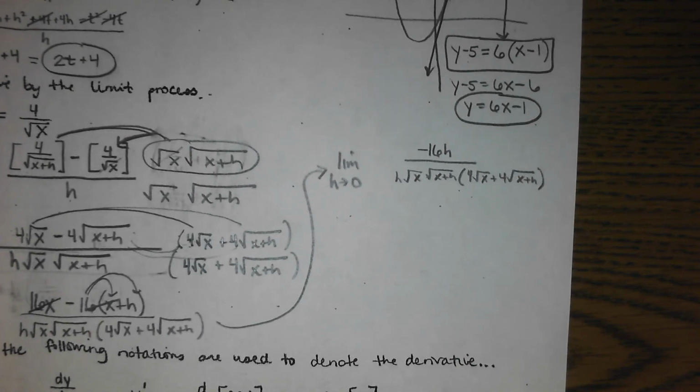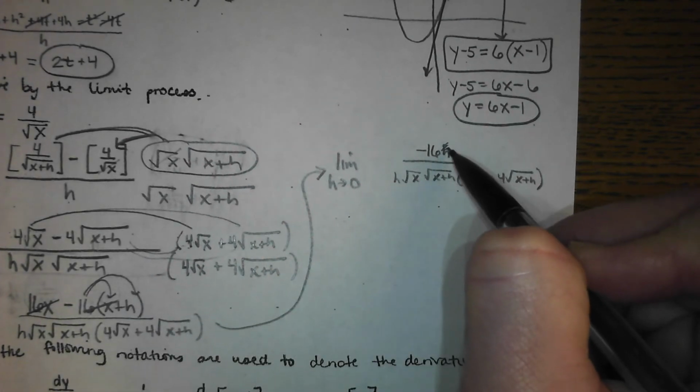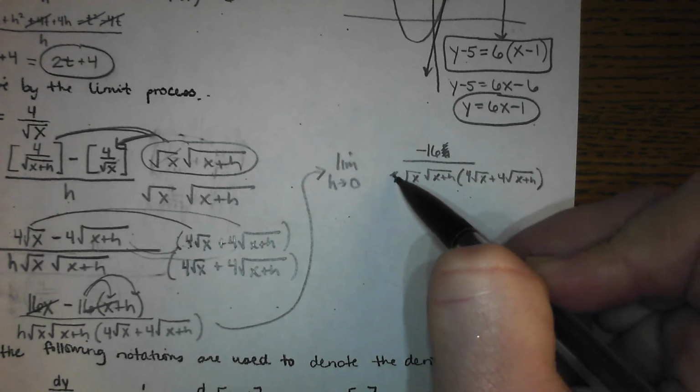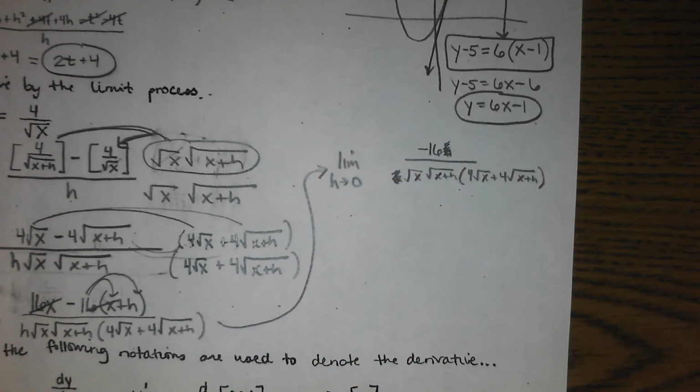And then in the numerator you have h, which is part of a monomial, and in the denominator you have h, which is part of a monomial coefficient. So those cancel, and now we can plug in an h of 0, because the h over h, which was responsible for the 0 over 0, is gone.